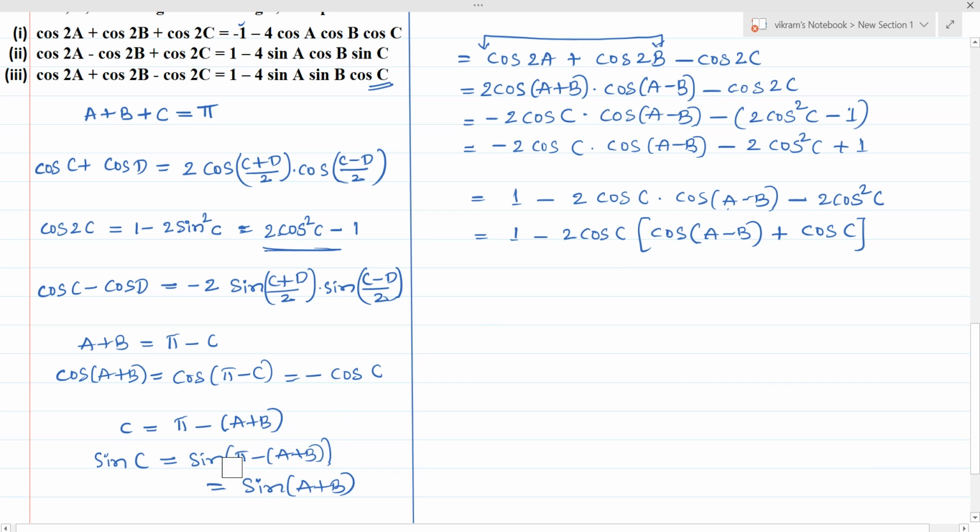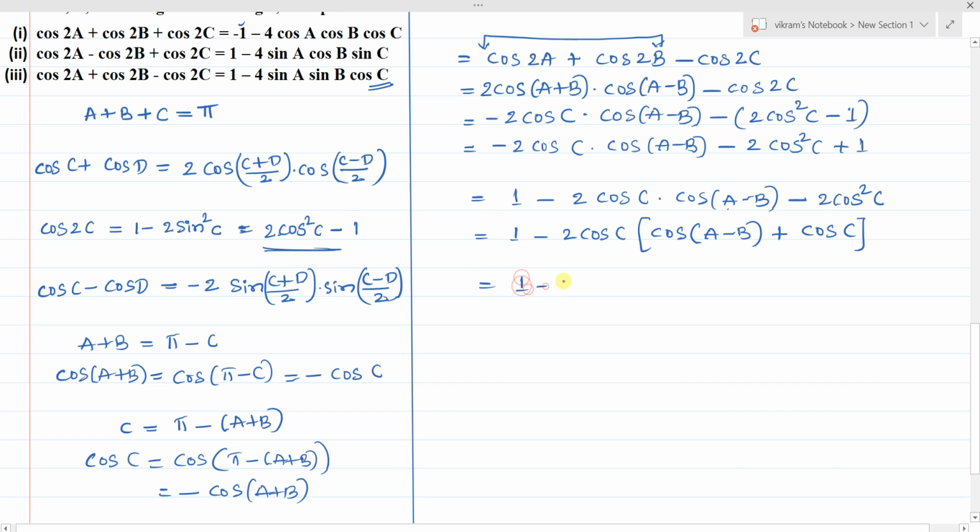And now angle c is equal to 180 minus a plus b. If we apply cos, we can write cos of pi minus a plus b as minus cos a plus b.